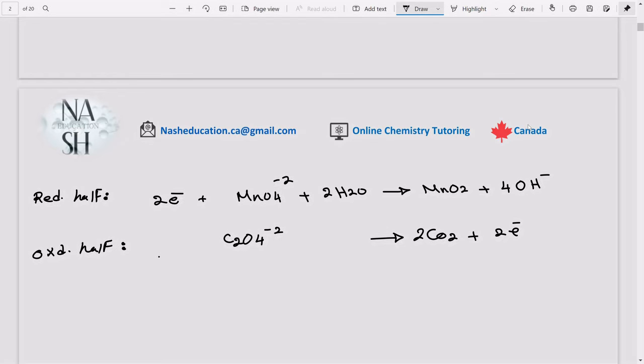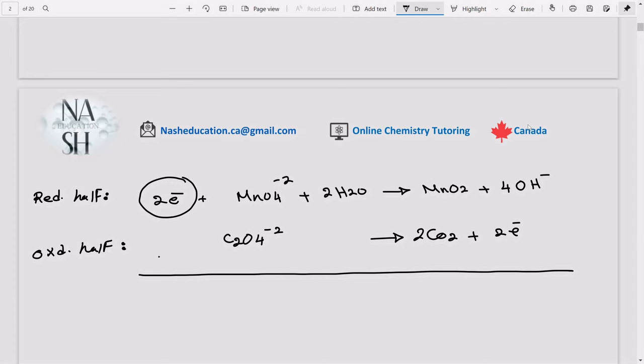So now we are with the 2 balanced half equations and we need to find the overall equation of both oxidation and reduction reactions. First thing we need to check is the number of electrons gained and lost in each step. We need to keep in mind the number of electrons transferred have to be equal.